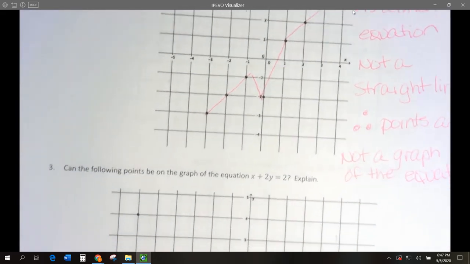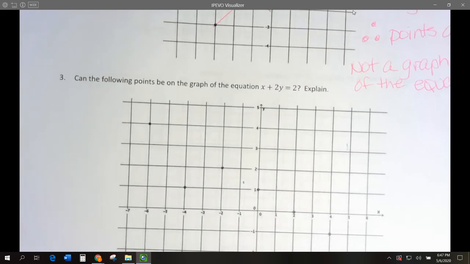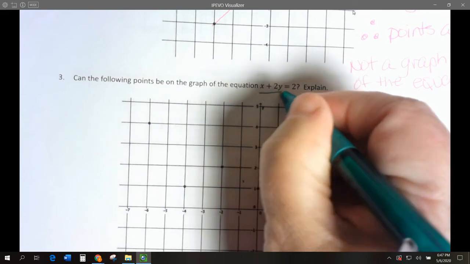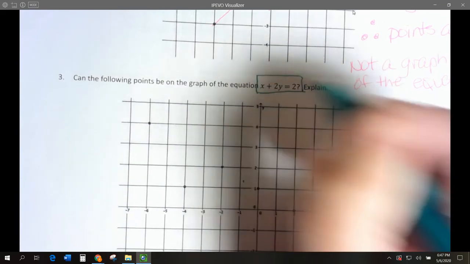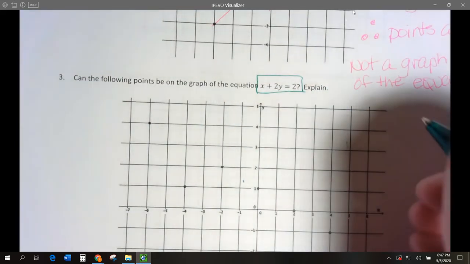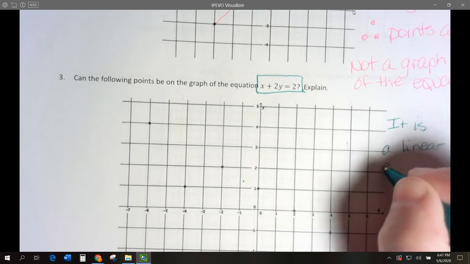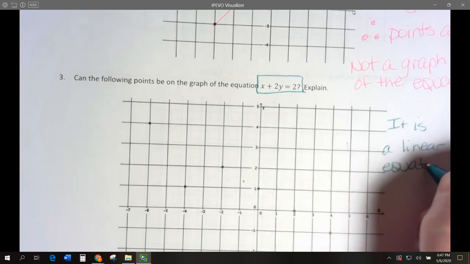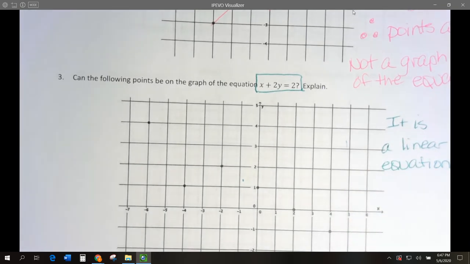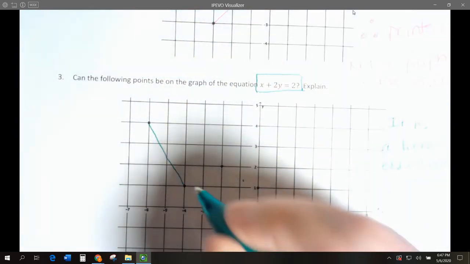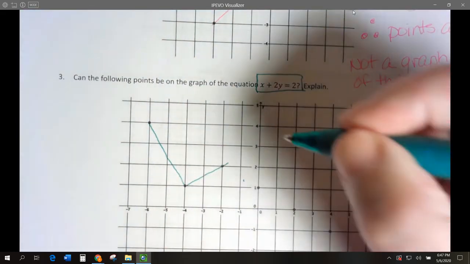Let's look at the next problem, problem number 3. Once again, is this a linear equation? Yes. So it is a linear equation. Now let's connect our points. We have a point here, a point here, point here.